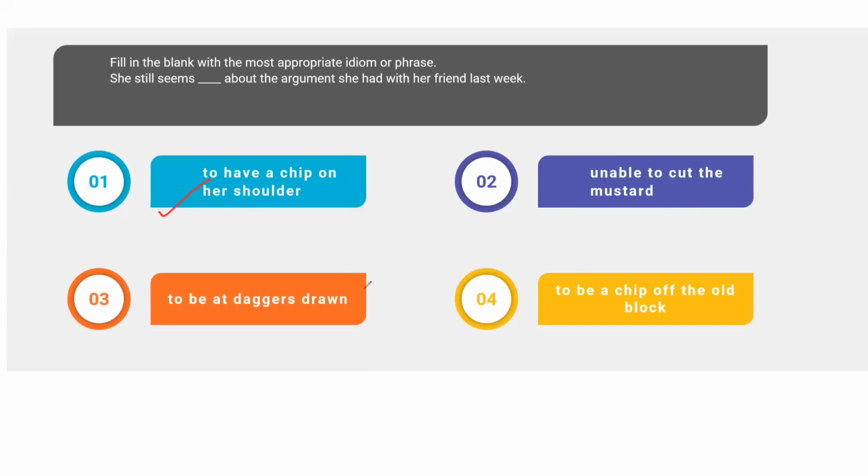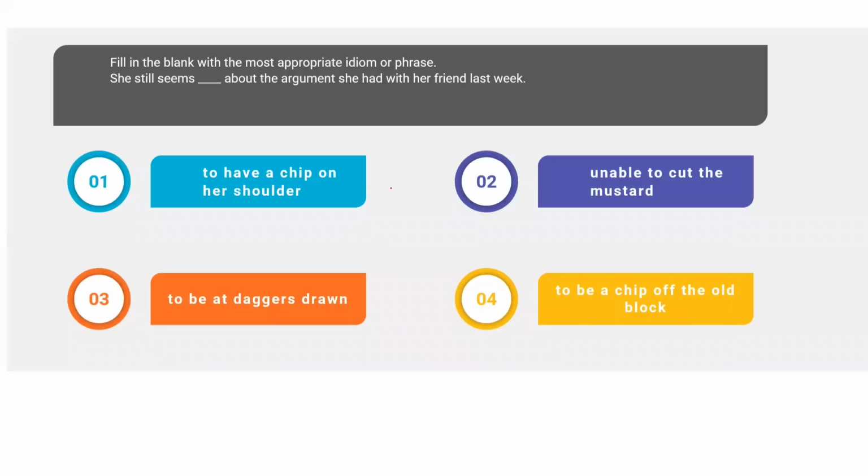To be at daggers drawn is to be on the wrong side of something. And to be a chip off the old block is quite similar to being at daggers drawn, that is, not being in a state where you are expected to be. That's the meaning of options 3 and 4. So the right idiom to fill the blank is to have a chip on her shoulder.